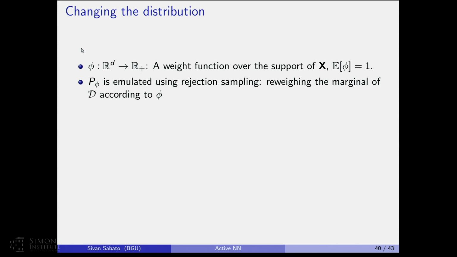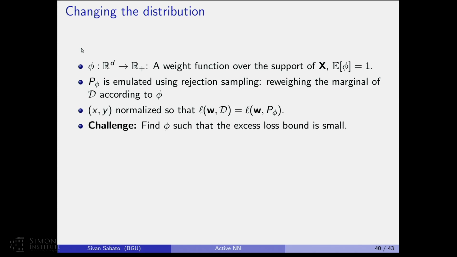And it can be emulated using rejection sampling from the distribution, so it doesn't waste any more labels. And we build this distribution so that the loss on this distribution is the same as the loss on the original distribution. So I can just do regression on this new distribution. Whatever I get is as good for the original distribution. There's no difference.